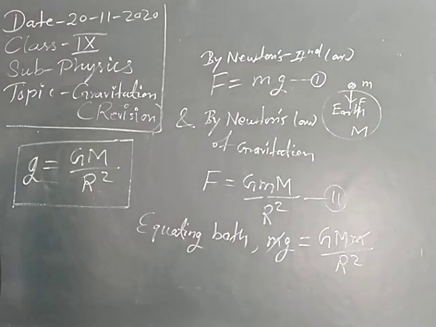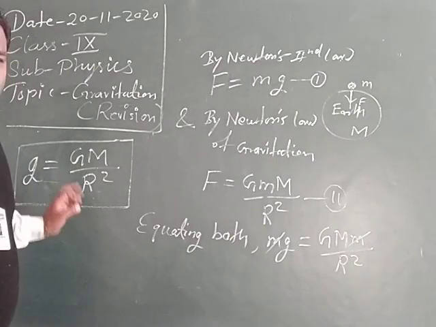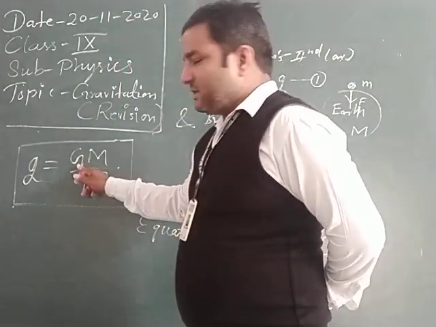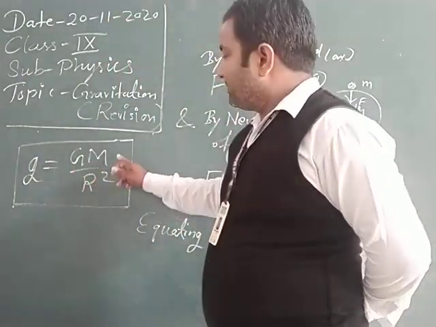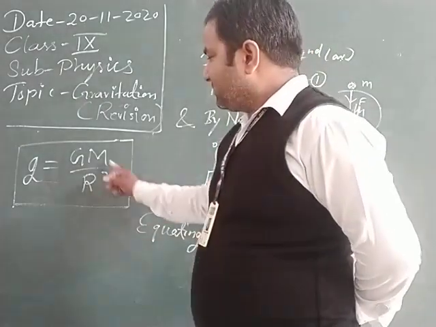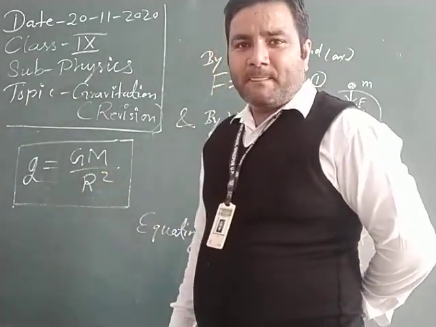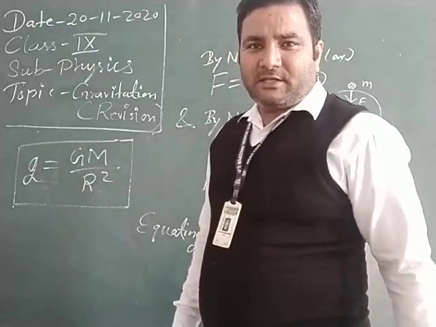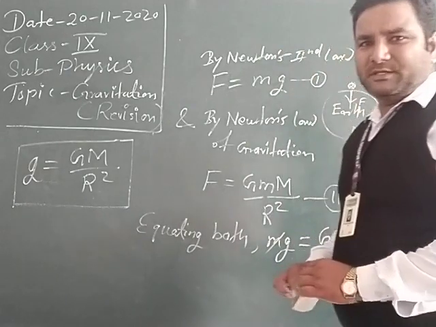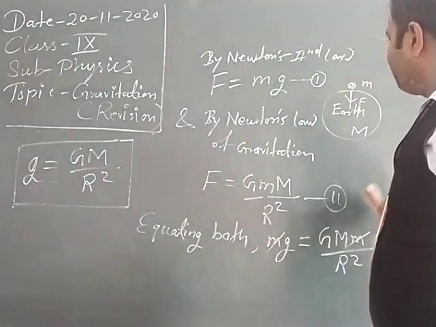So this is the relationship between small g and capital G. Capital G is the gravitational constant, capital M is the mass of Earth, and R is the radius of Earth. By using this equation, we can also explain the variation in gravity, how the value of g varies from place to place.